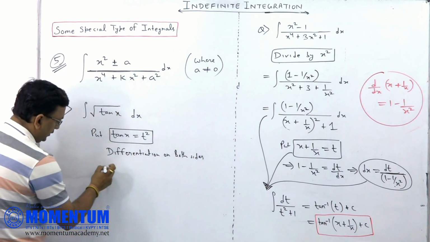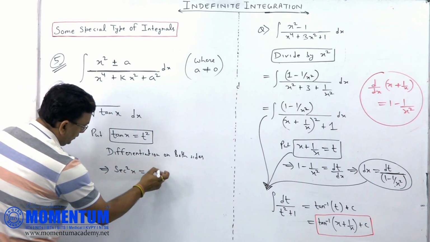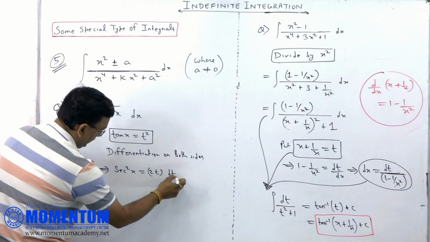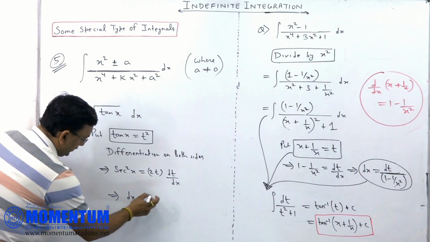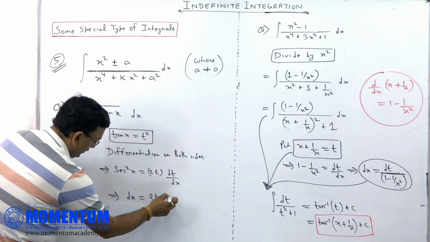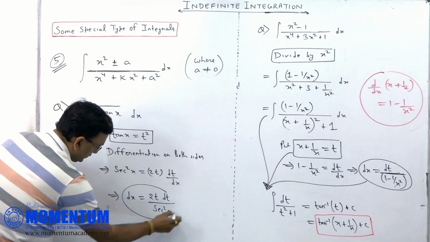So tan of x का डिफरेंशिएशन sec square x, t square का 2t dt by dx. In this way dx has value 2t dt divided by sec square x. Clear?